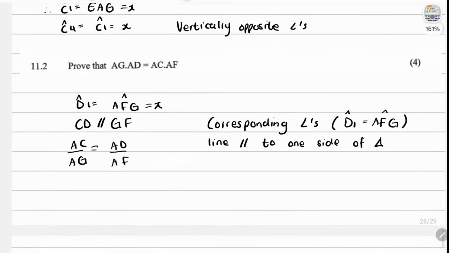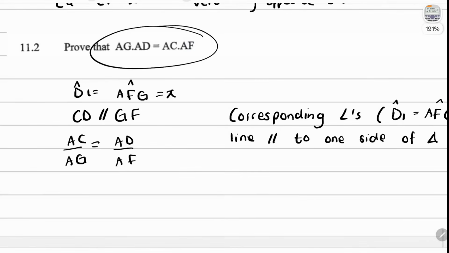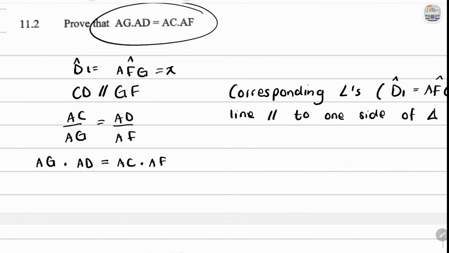Now that we have that, we just have to get it to look like this. In this, we have AG and AD, so it just means they cross multiplied. So AG times AD is equal to, and then cross multiply again, AC times AF. That's all they did. Okay, so there we go, and we have proven that.